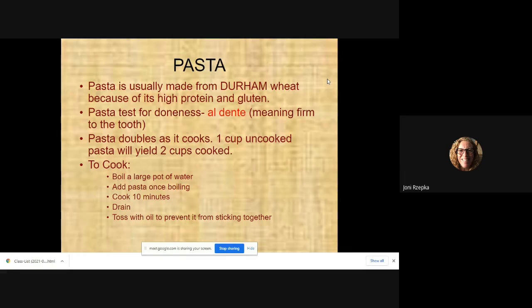You would rinse pasta if you're going to put it in a casserole or have it with a salad or something, but otherwise don't rinse it. Or if you want to stop the cooking process, then you could rinse it as well, because if it's still really hot, it'll keep cooking past maybe the al dente point, so you've got to be careful with that.